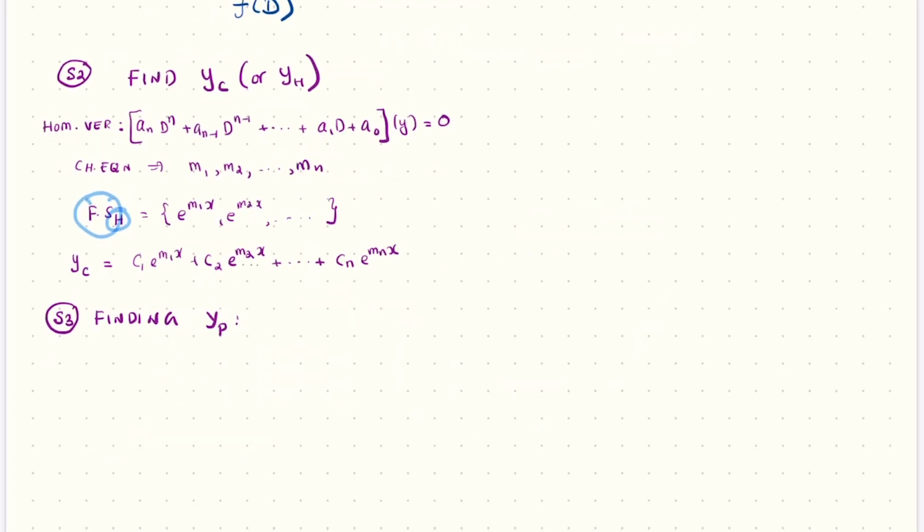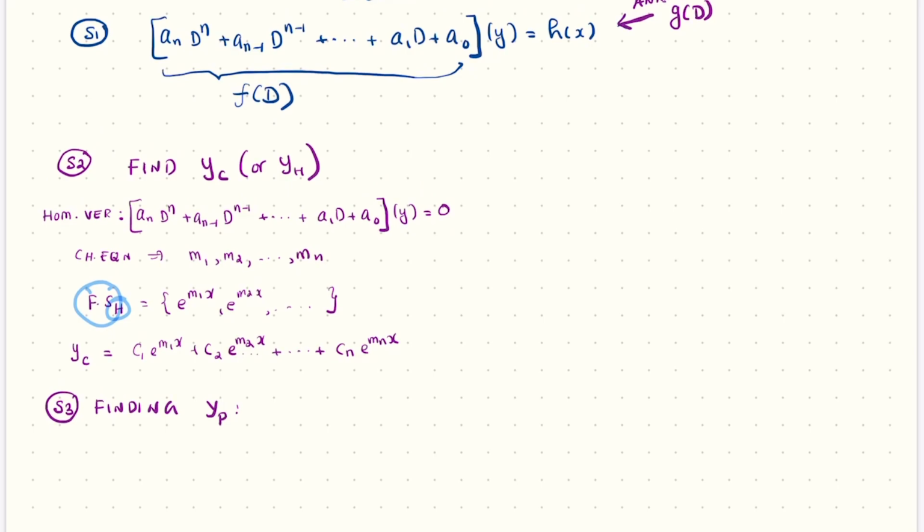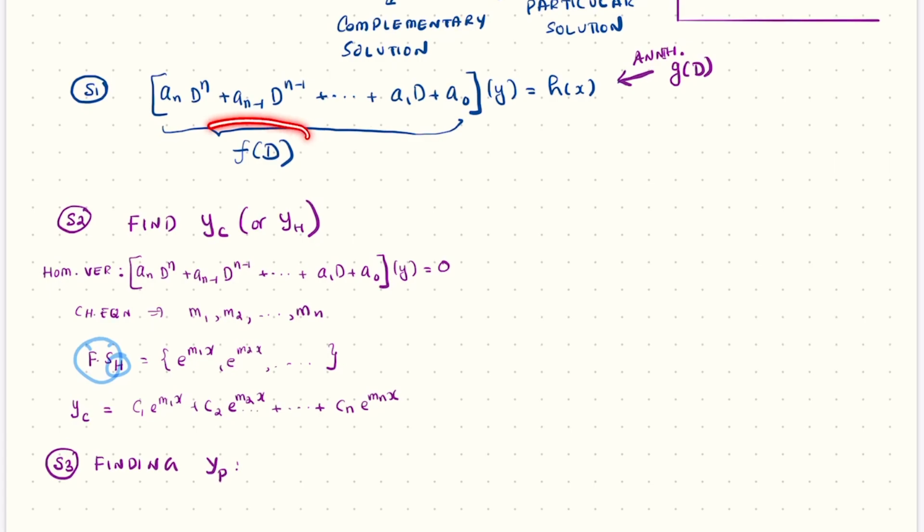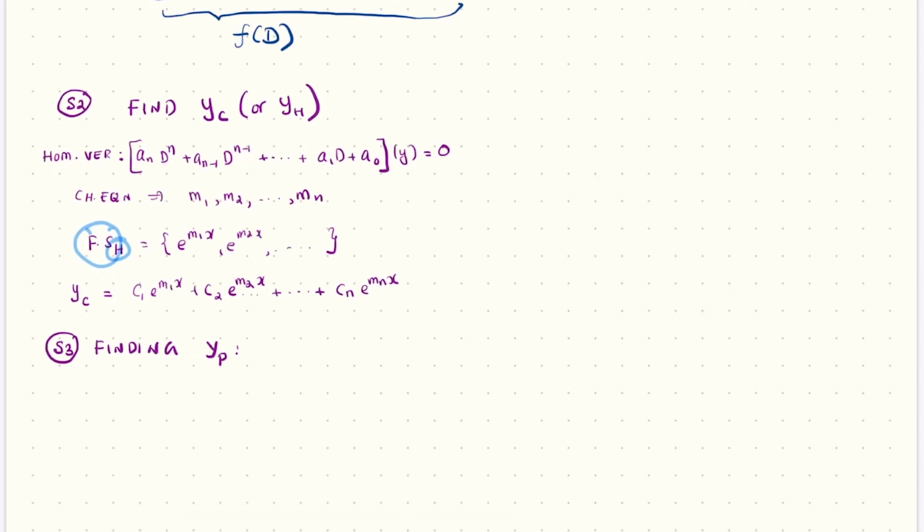In the next step, I am going to take a look at the f of D that comes off of this and the g of D that comes off of the annihilator, right? So I'm going to make a new differential equation. I'm going to say f of D operated with g of D, of y, equal to 0.